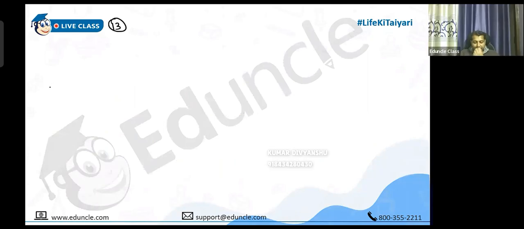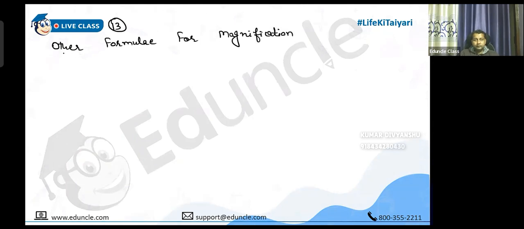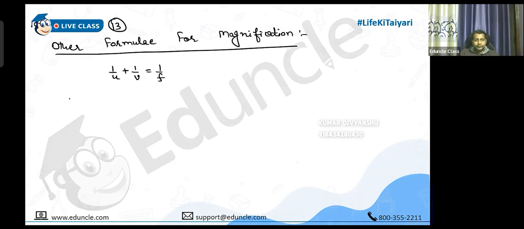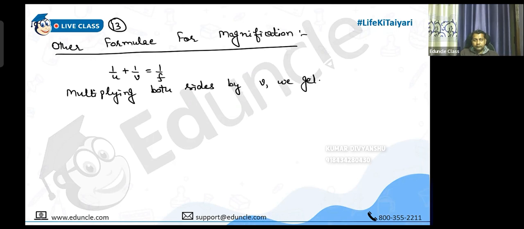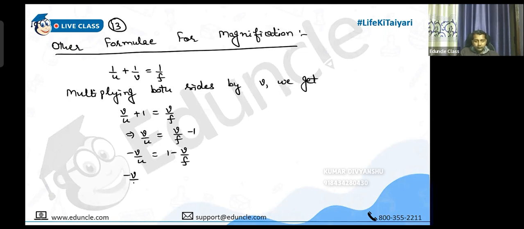So now there are two more formulae for the magnification in terms of the focal length and U or focal length and V. We know that 1 by u plus 1 by v is 1 by f. This is the formula for the magnification. Please check.